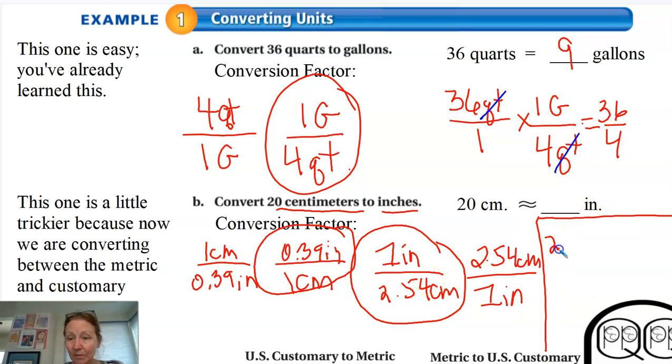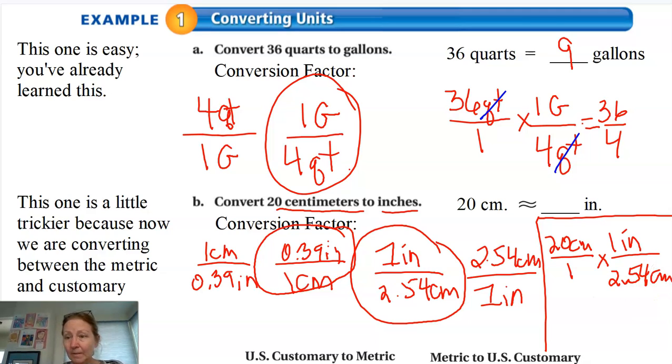Remember, I'm multiplying 20 centimeters, and I put the 20 centimeters over 1 times 1 inch per every 2.54 centimeters. Move that out of the way. And when I multiply across, I end up with 20 divided by 2.54. The centimeters will cancel out.